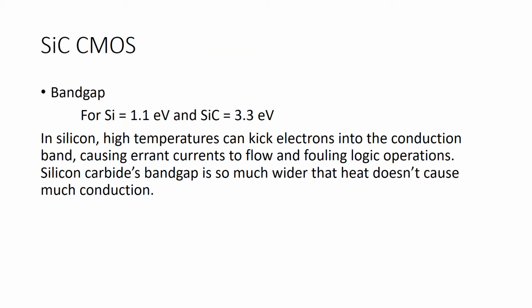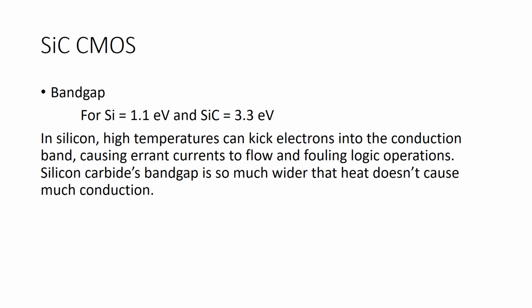As we all know, in today's world we use silicon for chip design, but what makes us move from silicon to silicon carbide? So let's compare silicon carbide's advantages over silicon. Band gap.